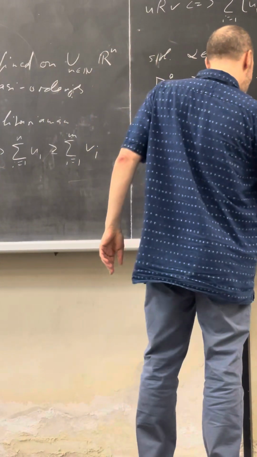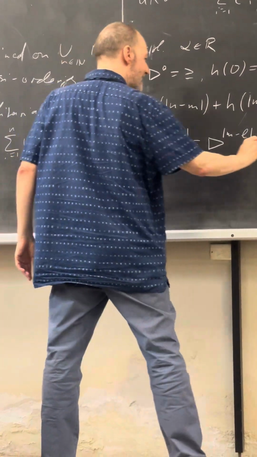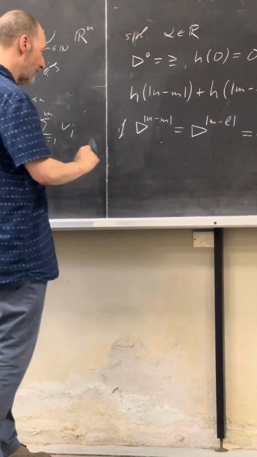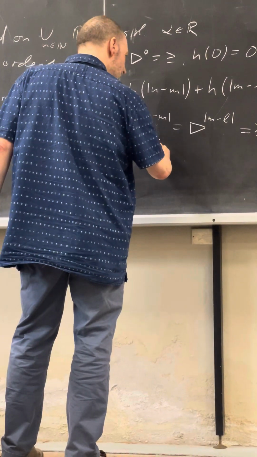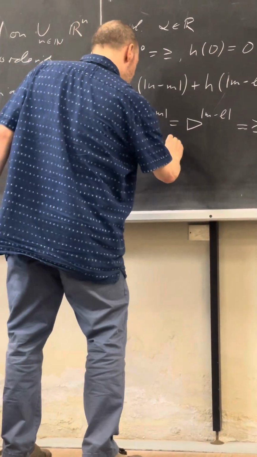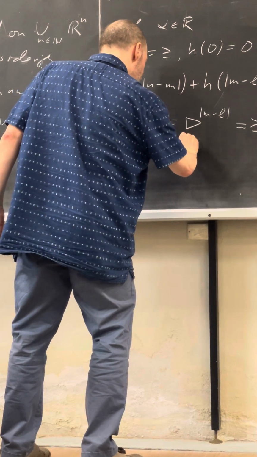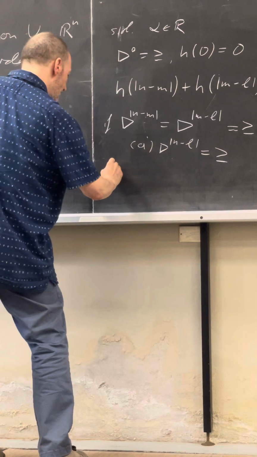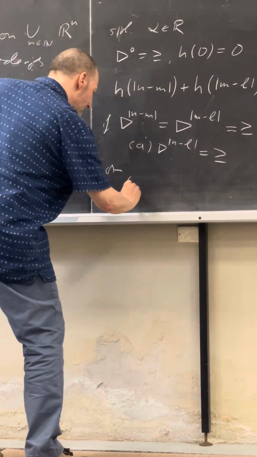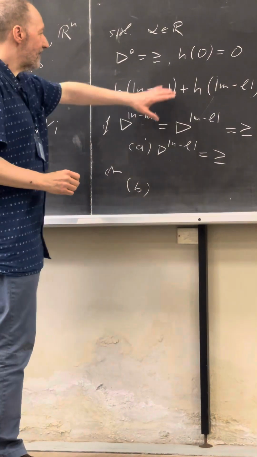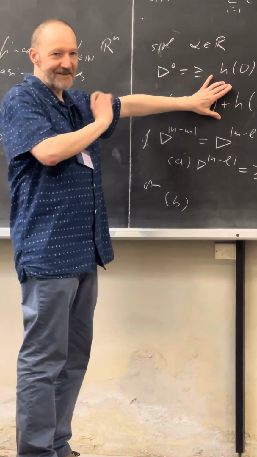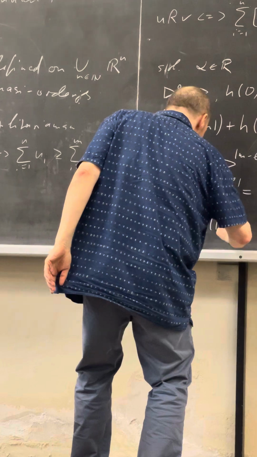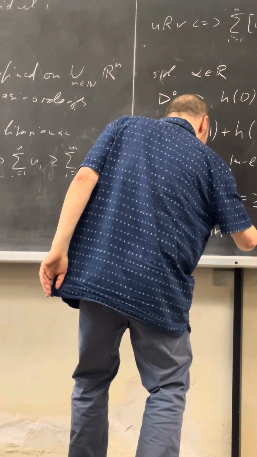If this is the case, then one of two things has to happen. Either the threshold inequality for n minus l is also a weak inequality, or another way of getting around the transitivity problem is that this inequality is satisfied with a strict inequality. It took us a while to figure it out, but once we did, it kind of makes sense.